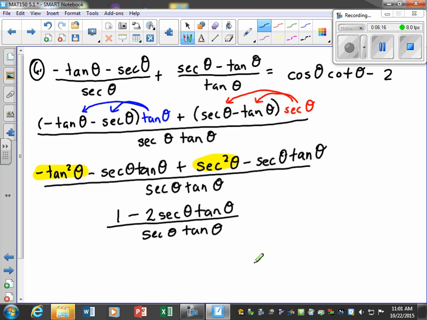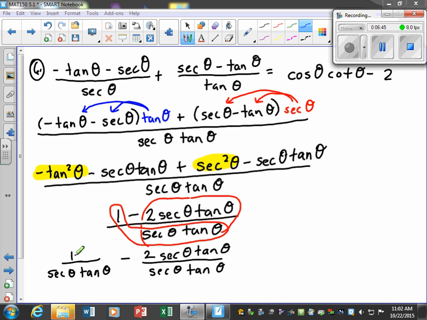All right, let's remind ourselves where we're going. Cosine theta, cotangent theta minus 2. So now let's break this up into separate fractions. Our first one is going to be this, and then our second one will be this. Write those down.